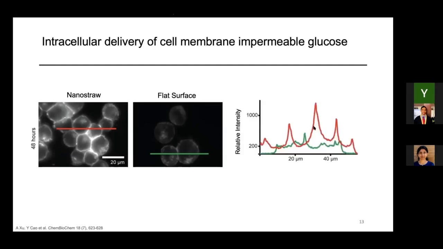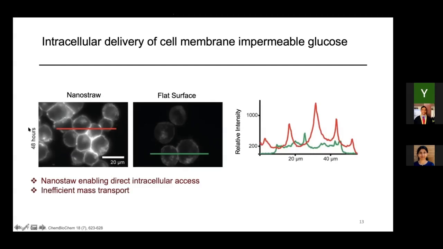We also checked the intensity by doing this intensity analysis. If you look at the line trace shown in this image, you notice that the fluorescence signal accumulation from the cell on the nanostraw is much higher than the negative control. The conclusion right here is that the nanostraw really allows direct intracellular access.